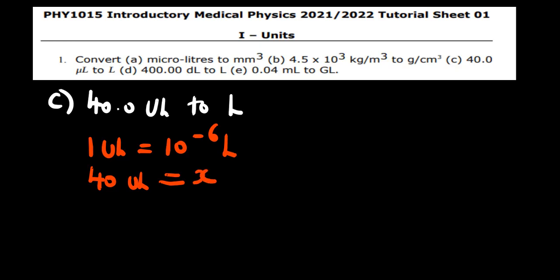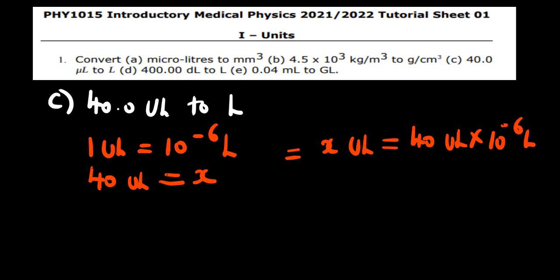Now if we cross multiply, I'm going to have x microliters equal to 40 microliters multiplied by 10 to the power negative 6 liters. Because I want to find my x, I'm going to divide by microliters on both sides, so this would cancel.